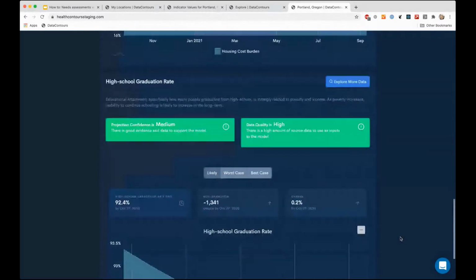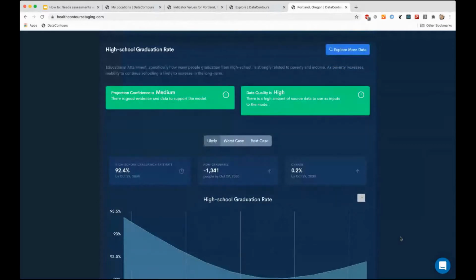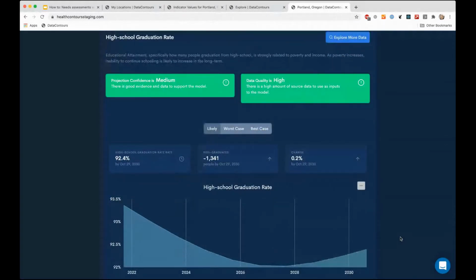And then we capture high school graduation rate in the long term. This is, especially now where we're seeing such impacts on schools, being able to model what the long-term implications of poverty on high school graduation rate are. This is one of the strongest predictors of lifetime income.